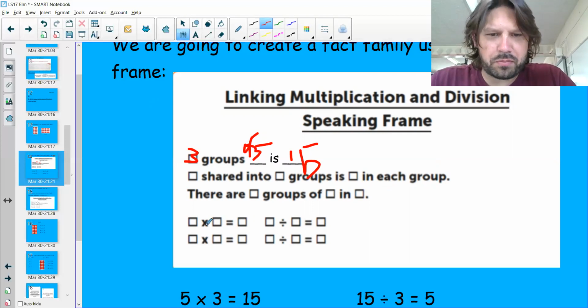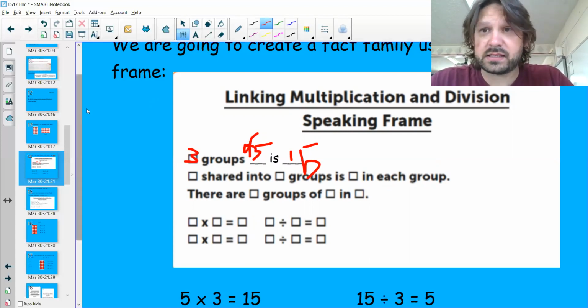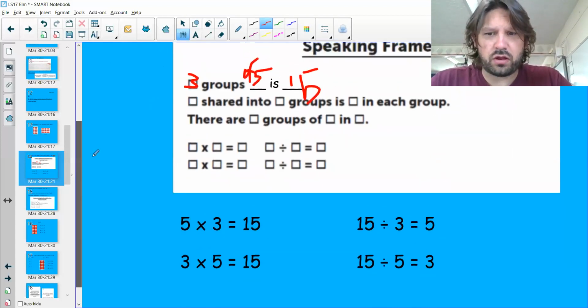And then we can start populating these. We know 3 times 5 is 15. We know 5 times 3 is 15. But what does that tell us about a division? To give you a clue, it's exactly the same numbers. Here's one I did earlier.